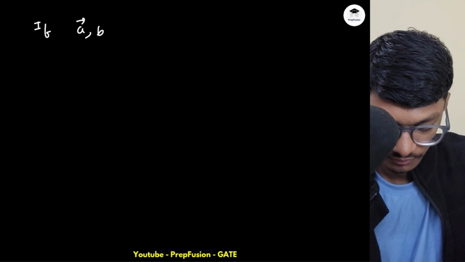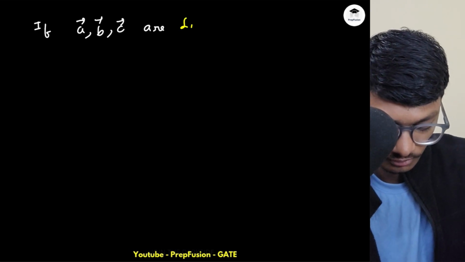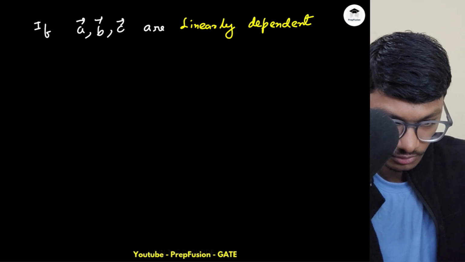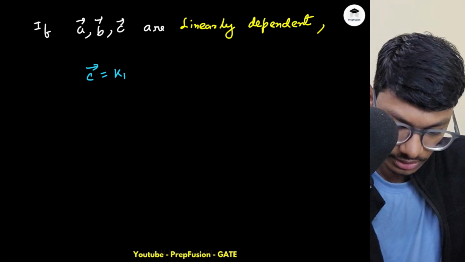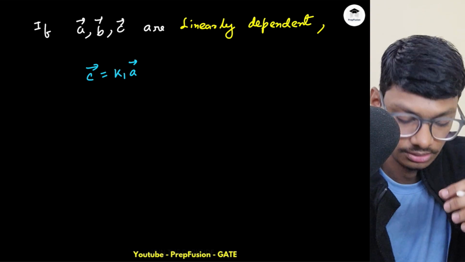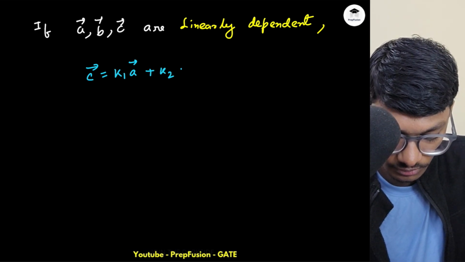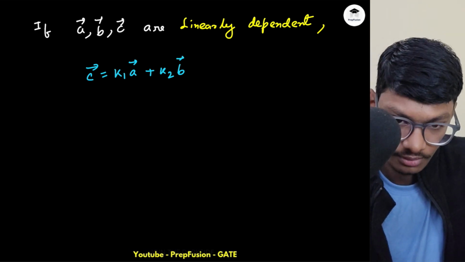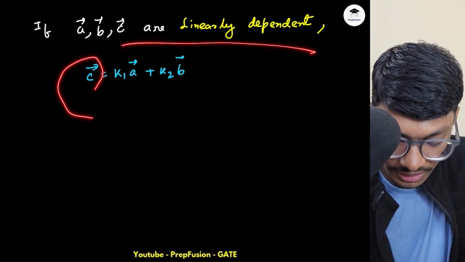So if vectors a, b, c are linearly dependent, not independent, that means c will be equal to k1a, like it is a scalar, it can be written as an addition of a and b with scalar multiples, basically k1a plus k2b. So if they are linearly dependent, then I can write c in terms of these two vectors.